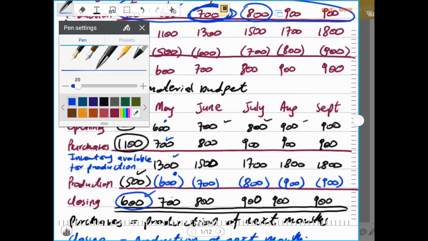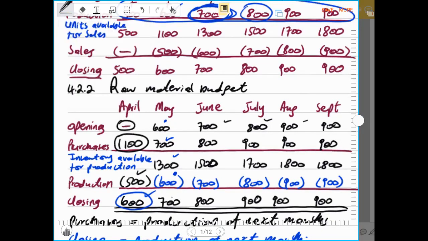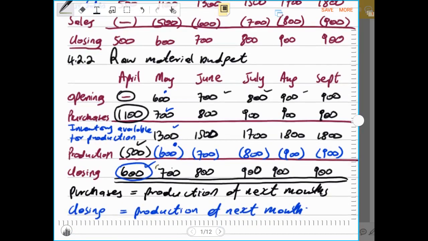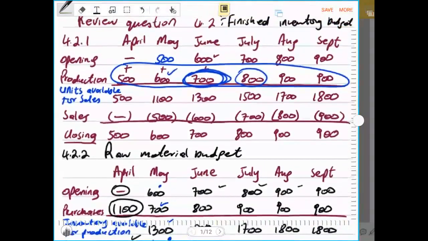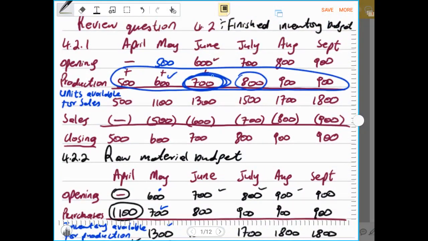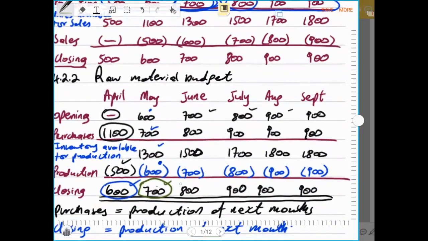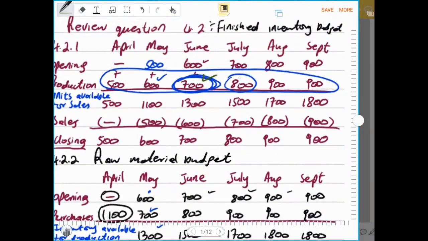And closing of the month of May, is it equal to production of next month? Production of next month is June, which is 700 production, and my closing is 700. And closing is again 800 in the month of June, then it means my production for July must be 800.